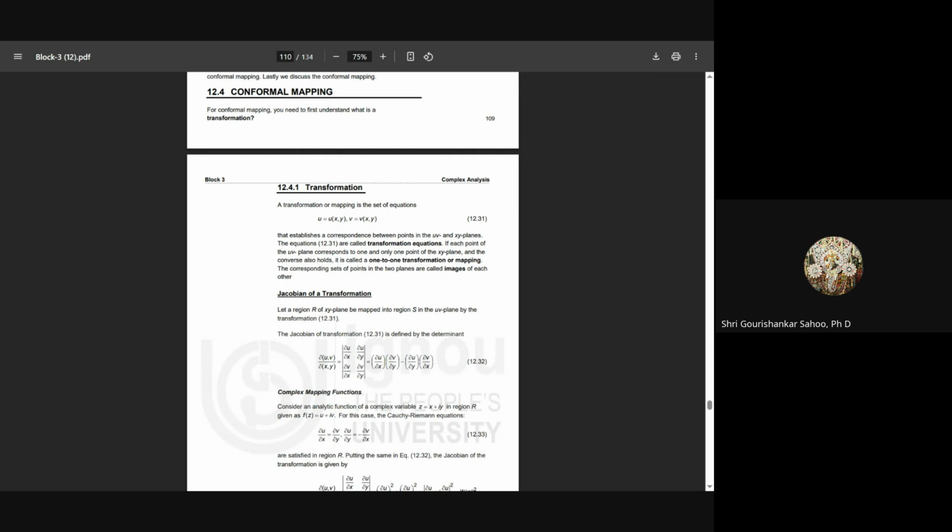If each point of uv plane corresponds to one and only one point of the xy plane and the converse also holds, it is called a one-to-one transformation or mapping. And the corresponding sets of points in the two planes are called images of each other. And the Jacobian of the transformation will be del(u,v) by del(x,y) is equal to, in matrix, del u by del x, del u by del y, del v by del x, del v by del y.